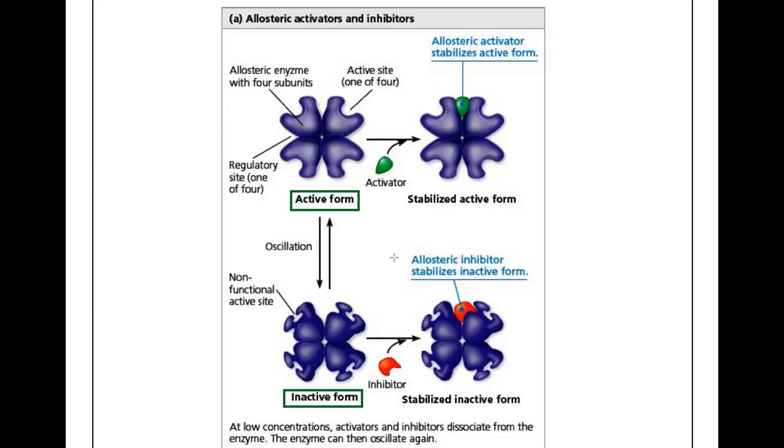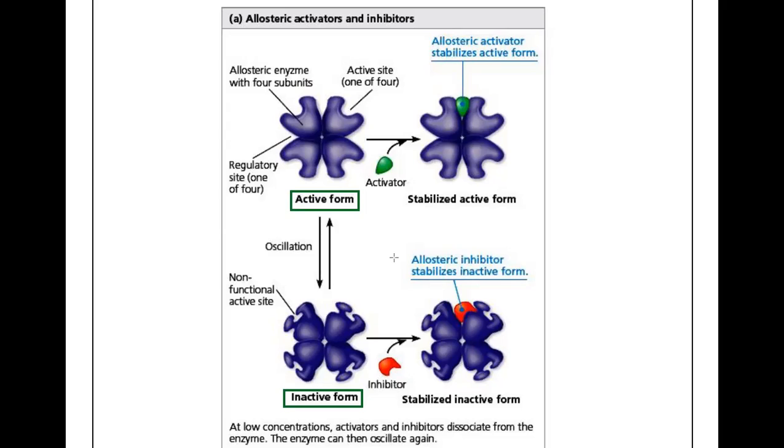If you want to get use of this enzyme, it should be continuously in the active form. What is happening is, it will normally come to the active form.